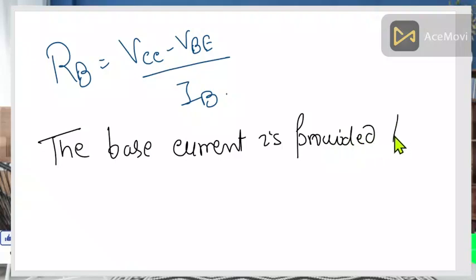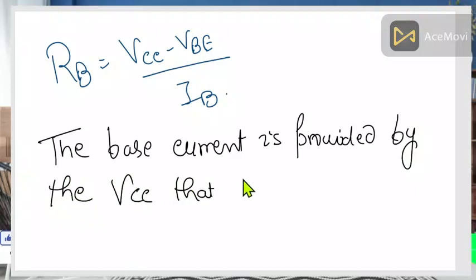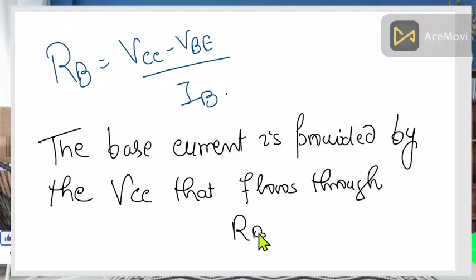The base current is provided by the VCC that flows through RB, that is of the order of kilo ohms. It is not provided by the input signal. Time and again I am telling you. In many cases I have seen that students make this mistake.